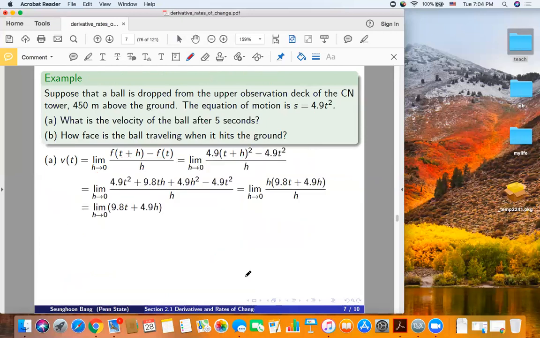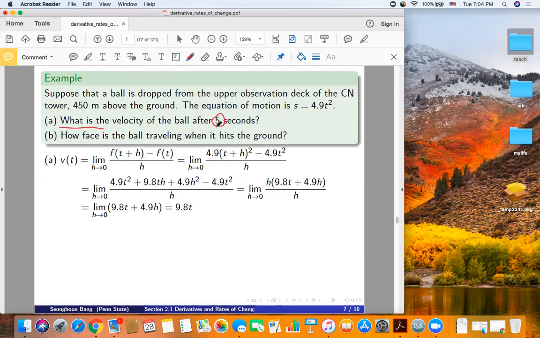This is the idea. You can use this rule. So what is the velocity at 5? How can you calculate the velocity after 5 seconds? By using the velocity formula. You're right. 9.8 times 5.